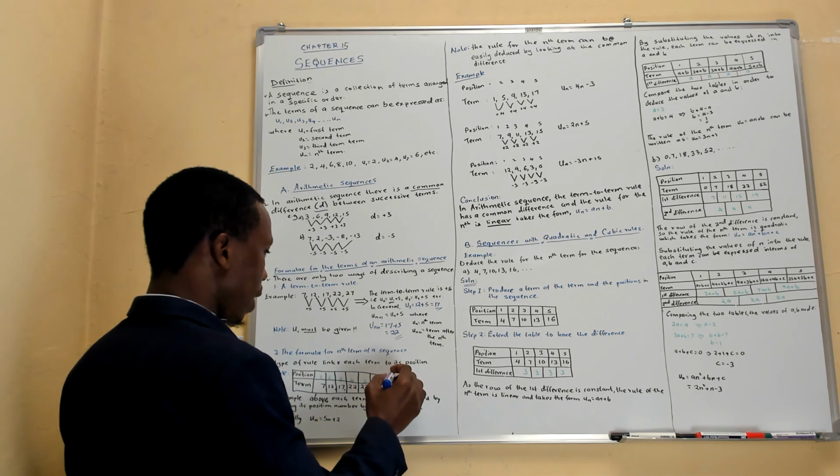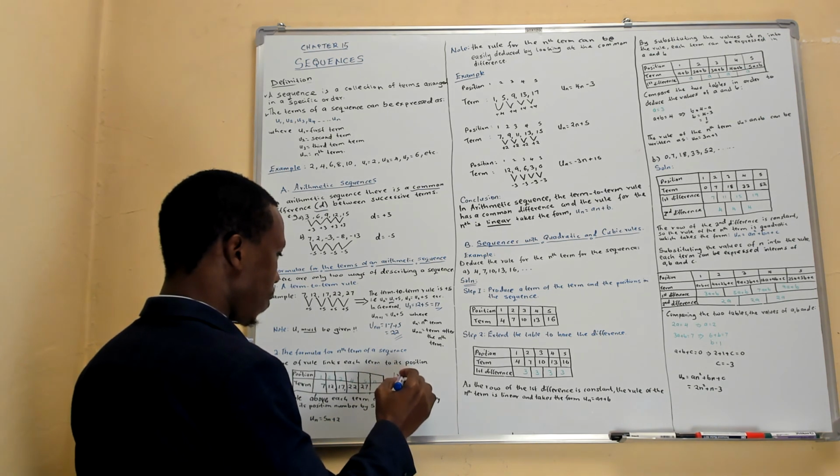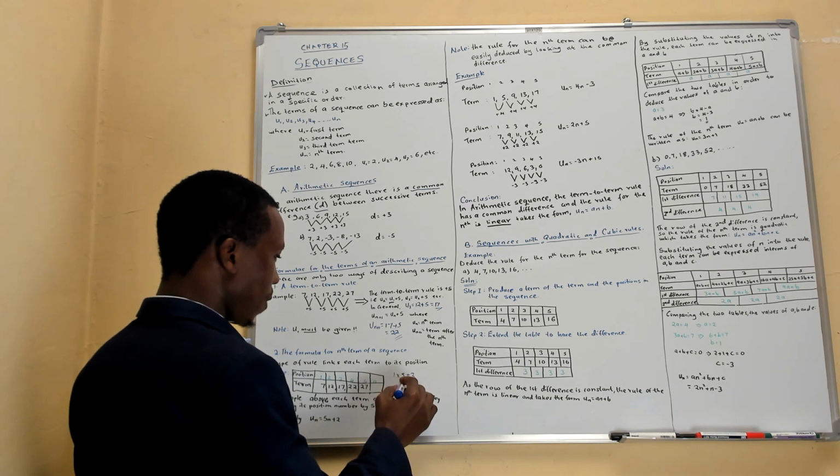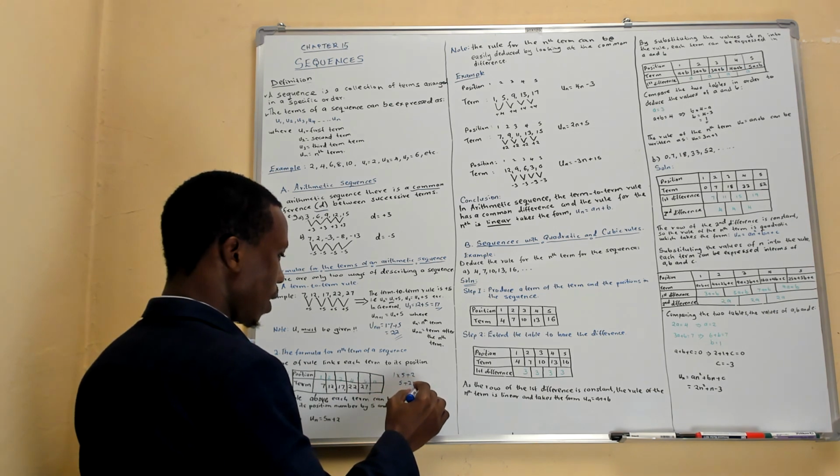The position number here is 1, so 1 times 5, then add 2. 1 times 5 is 5, plus 2, I get 7.